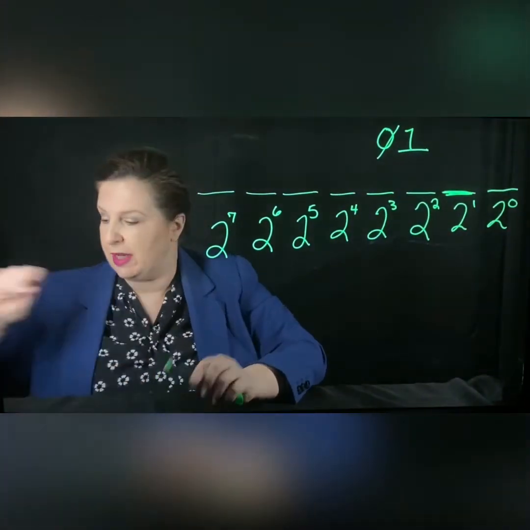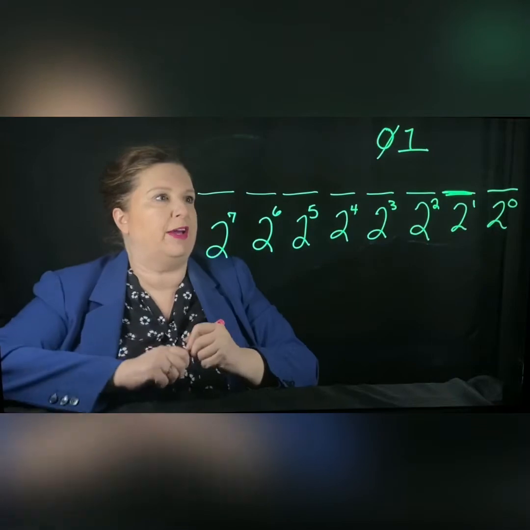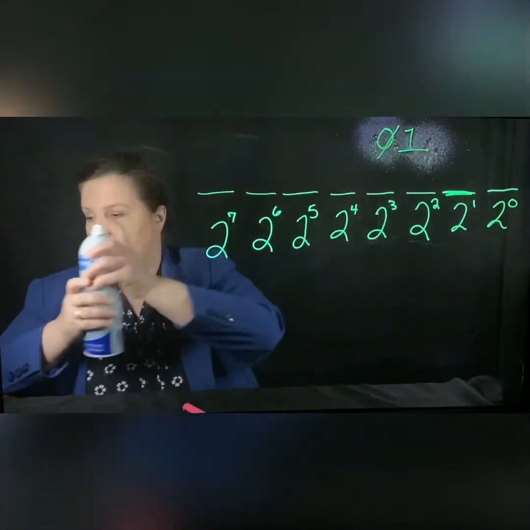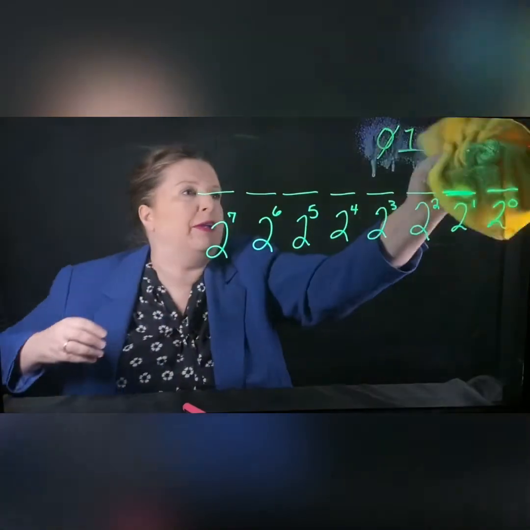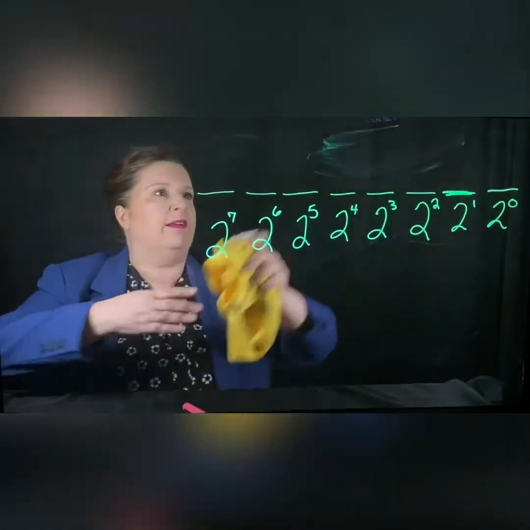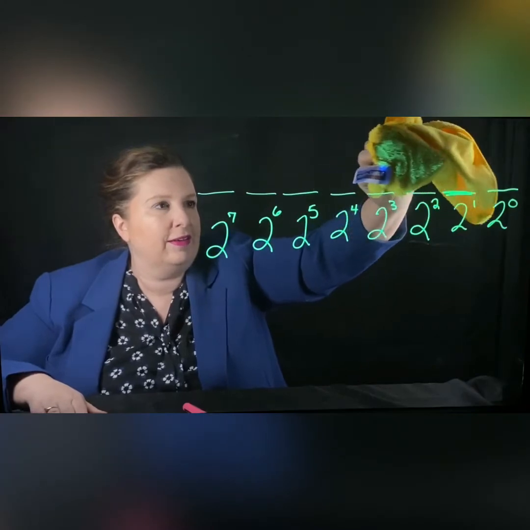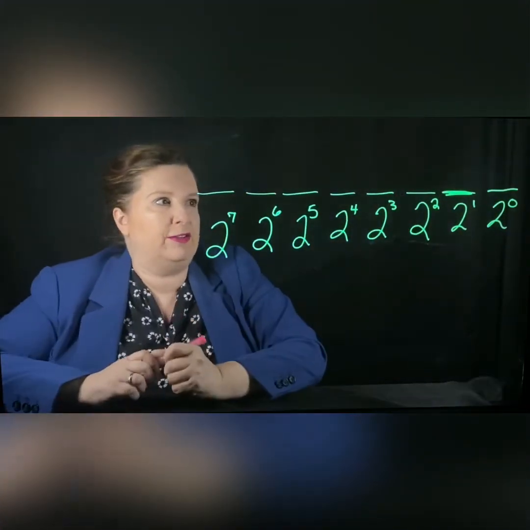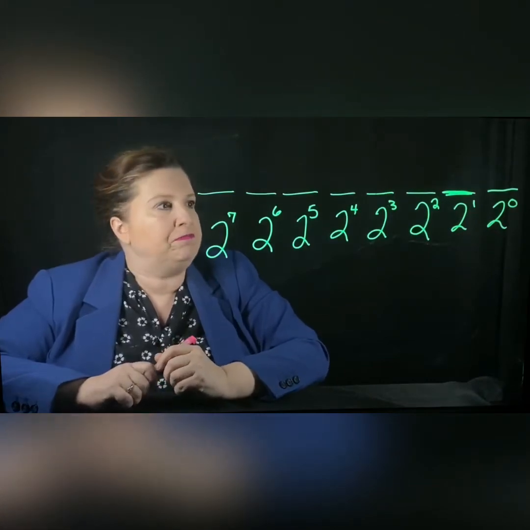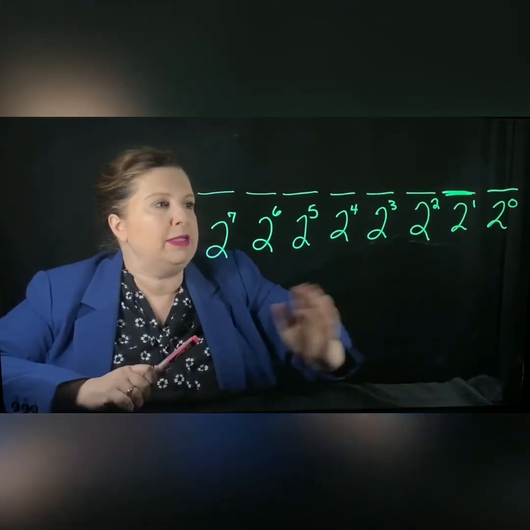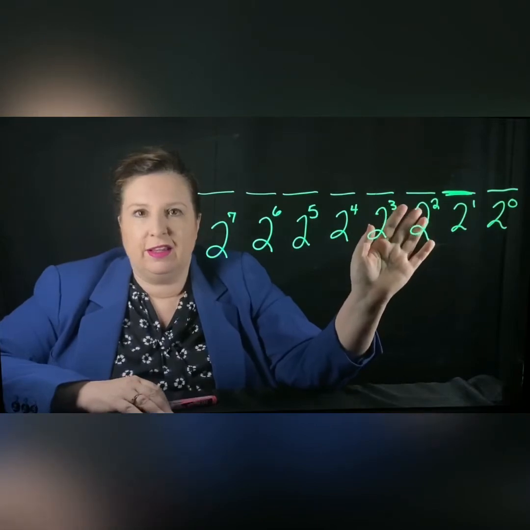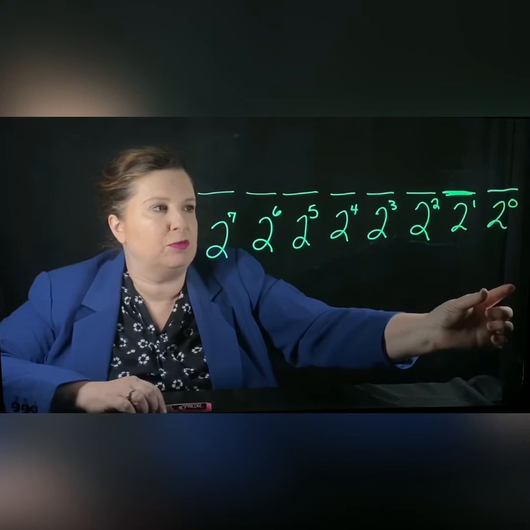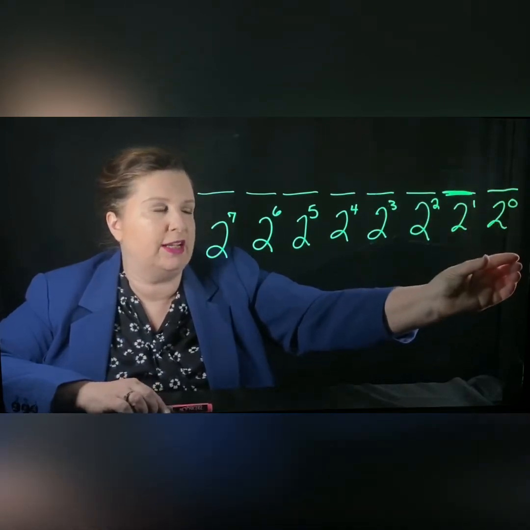Okay, so if we're doubling it, I'm going to write my place values up above here. Okay, so like we said, in the format we're used to, which is base 10, this position would be the ones position right here.